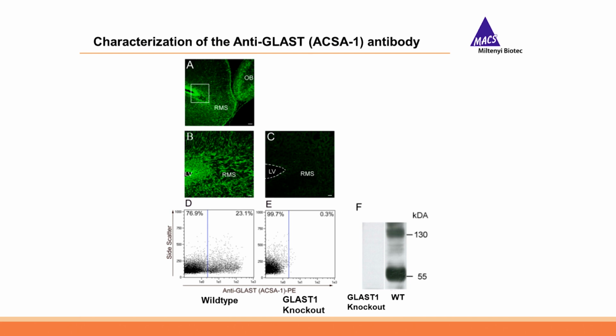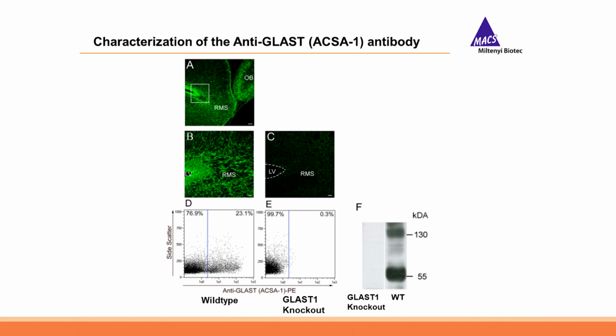It was also investigated whether the antibody can be used for labeling of living astrocytes by flow cytometry, which you see in D and E. You see in D that a clear GLAST-positive population was detected in the case of the wild-type mice, whereas no signal was obtained in the case of the GLAST knockout mice.